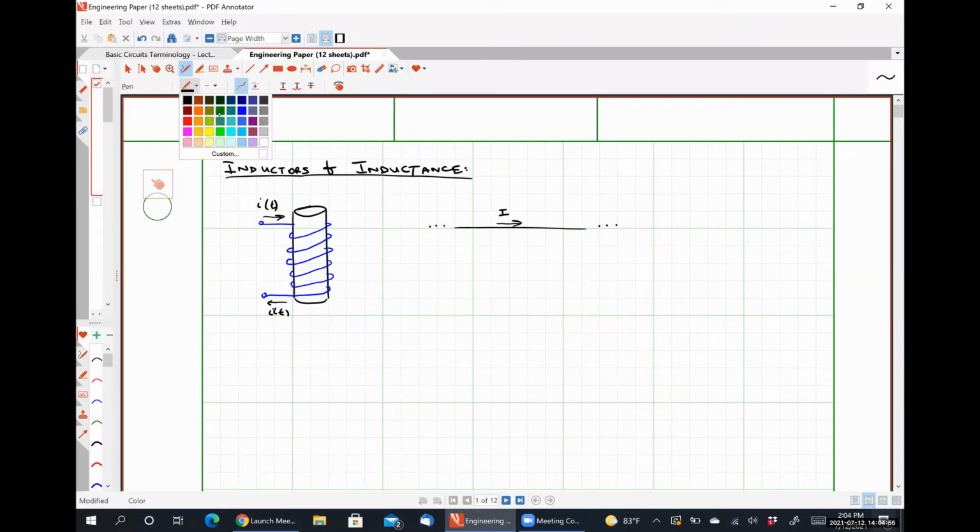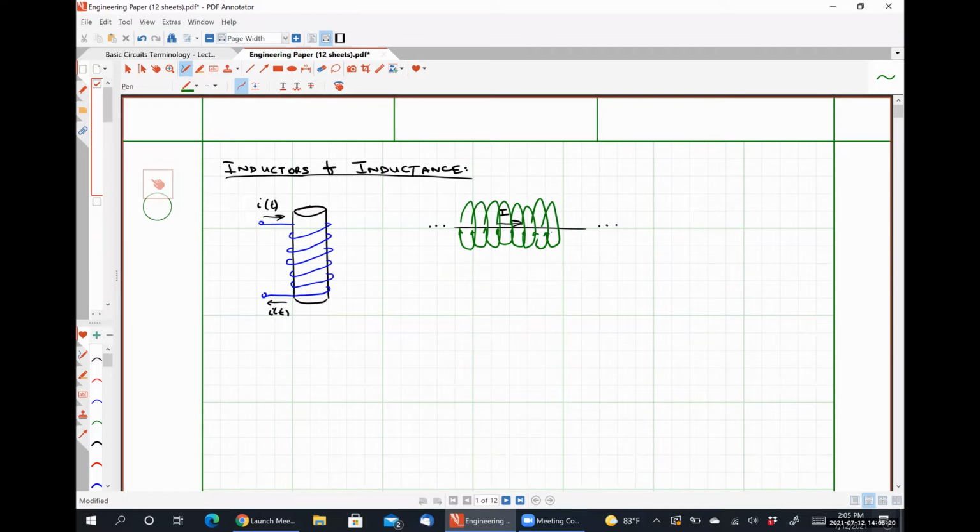And that magnetic field winds up forming little loops around the wire where the direction of the field is dependent on the direction of the current, like so. So it's just forming concentric loops all along the wire.